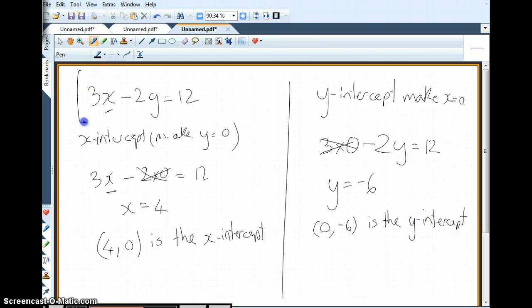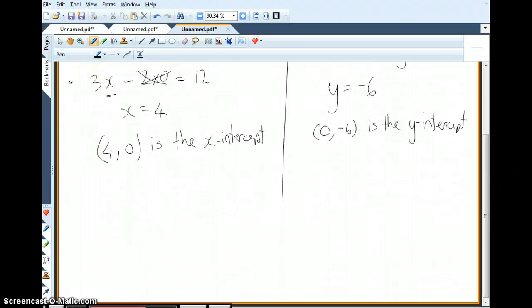Now, that format of equation is different to what you're used to. You're used to y equals. If in a test you saw that format, this could be a method that you could use to draw this graph. You could find the x-intercept and then the y-intercept. Right? Here's my axis. Let's continue that line down.